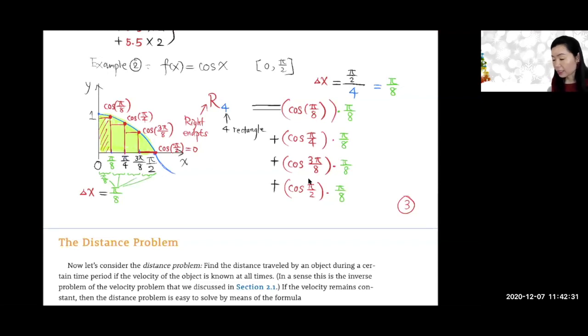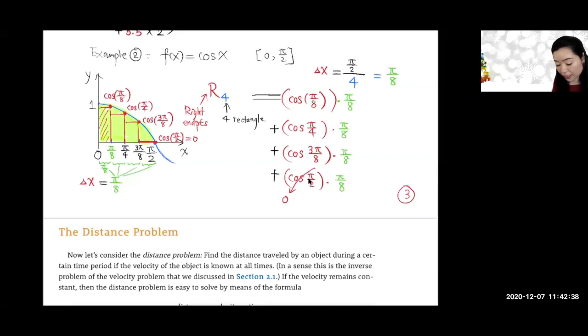Now cosine of pi over 2 is going to be 0. And then you can use a calculator. Whatever number you come up with, you can do that at home. Is it an underestimate or overestimate?